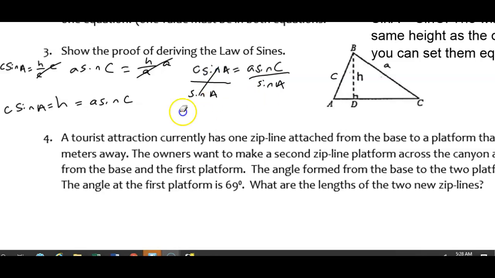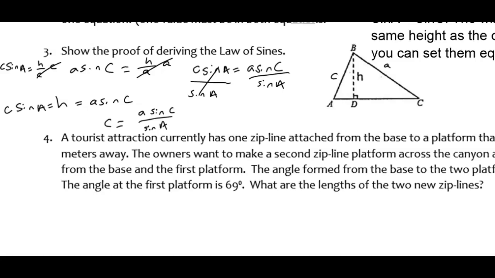So you see I have C equals A sine of C over sine of A. And then right here, I want to divide by sine of C on both sides, to get rid of sine of C on the left.